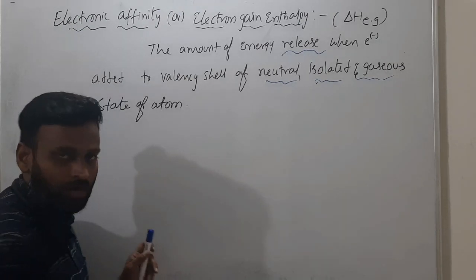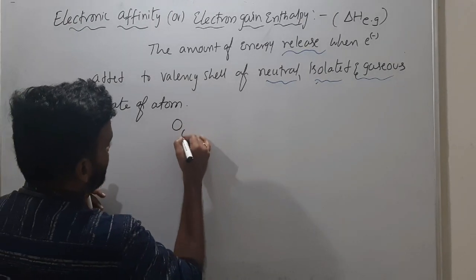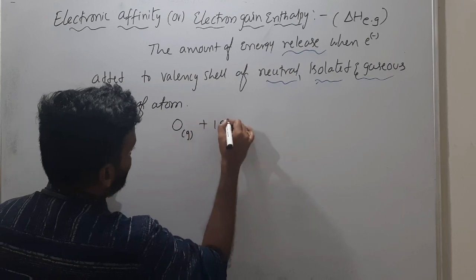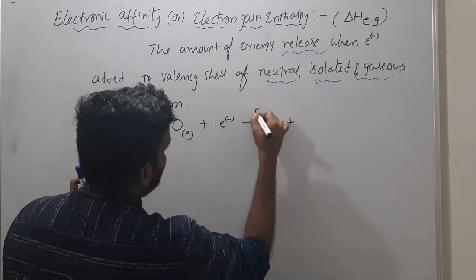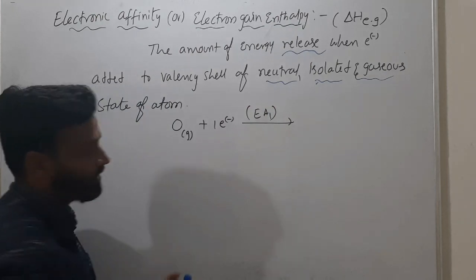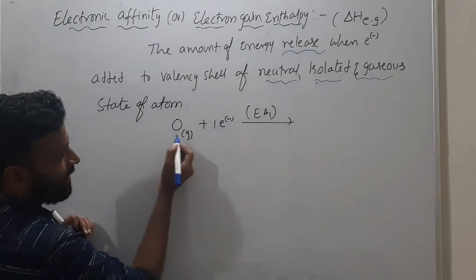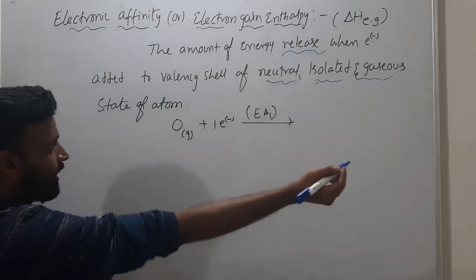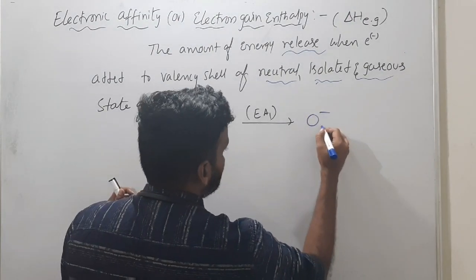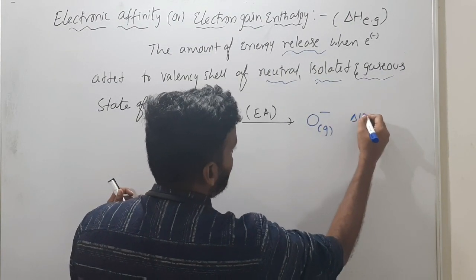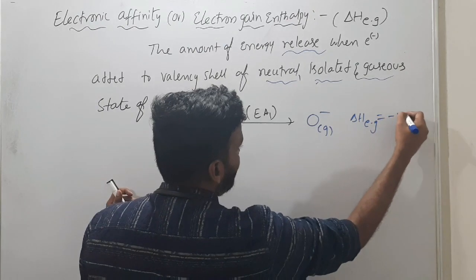Take the example oxygen. For gaseous oxygen, I am adding one electron. This is called EA1, because you are adding an electron to a neutral atom. Then you get O minus in gaseous state, and delta H Eg is negative.